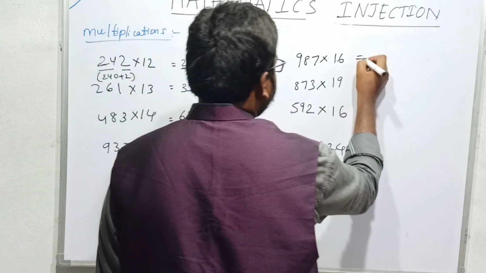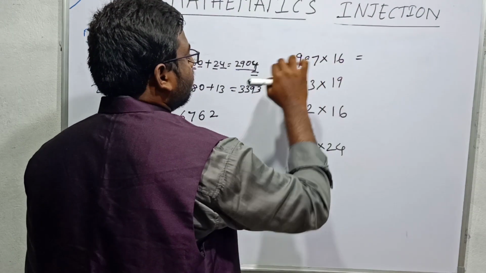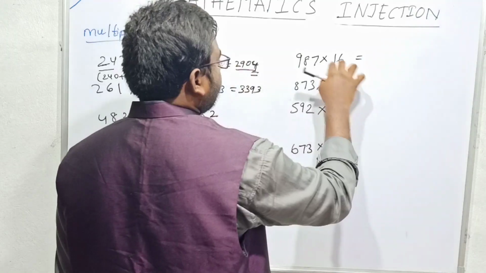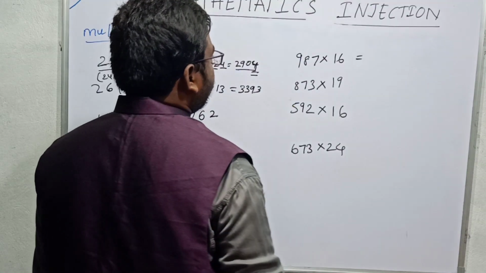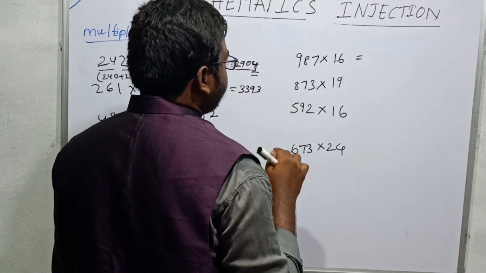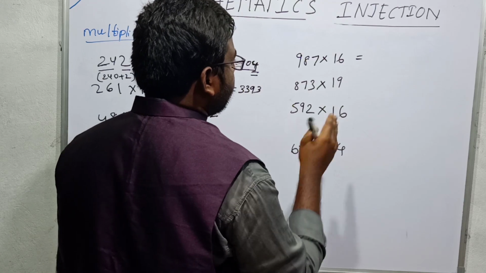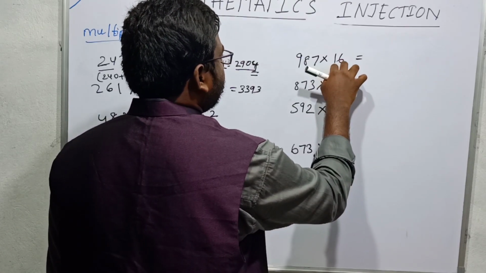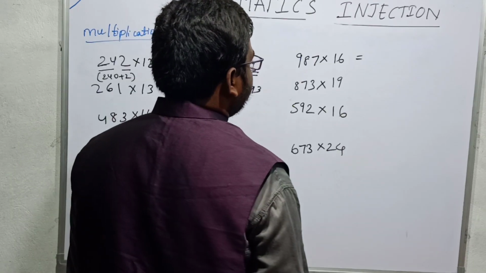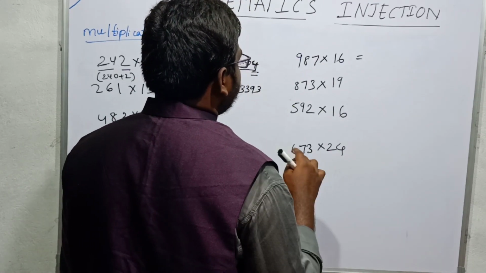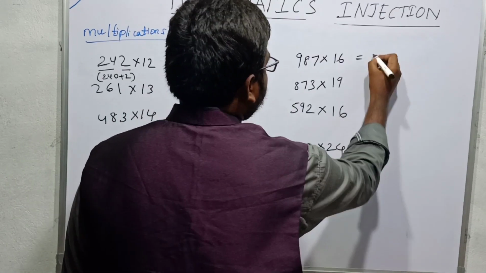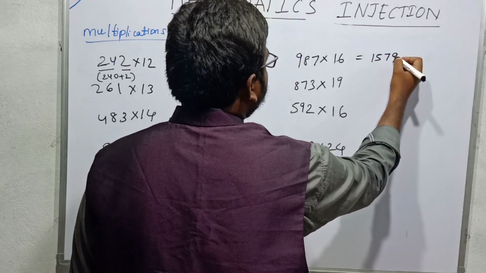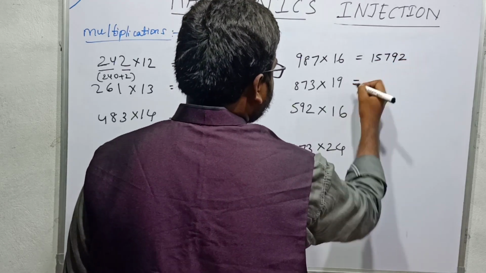For example, if I have to calculate this: 16 9s are 144, 16 8s are 128, 144 plus 12 is 156, and the 8 in 128 will be beside 156, so 1568. 16 into 7 is 112, 1568 plus 11, 1579, beside 2.